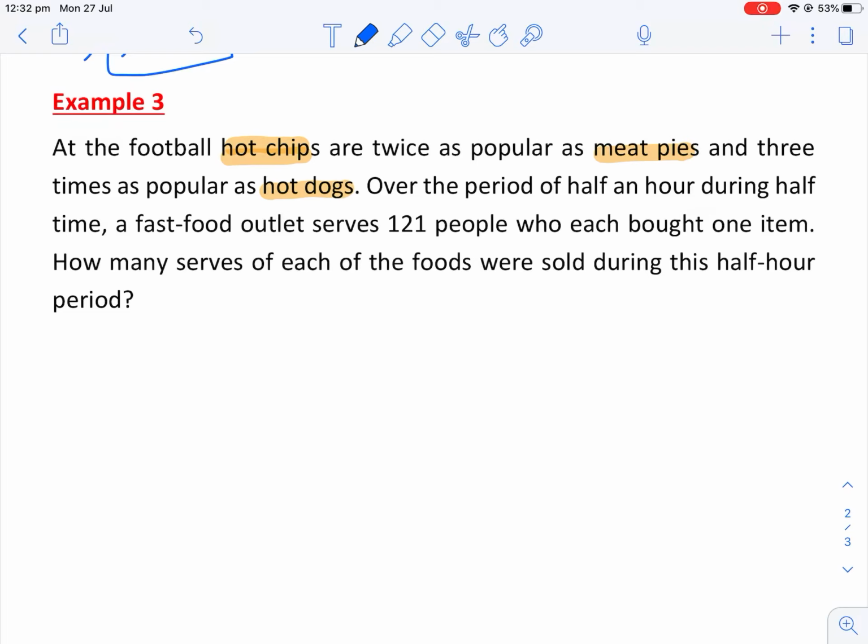So what I'll do here, I'm going to call hot chip C, and the number sold X. And I call meat pie P. All right, no, we're not calling X the number sold. So if I call the number of meat pies X, then the first one, hot chip is twice as popular as meat pie.